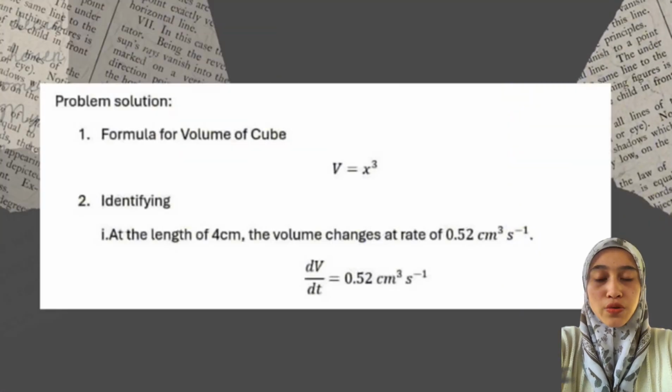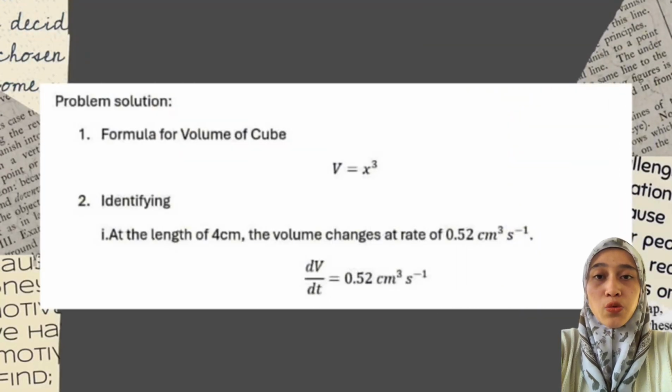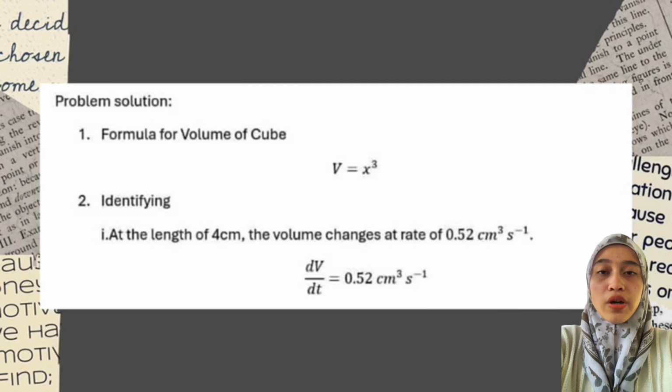For our problem solution, first thing first, we need to know the formula for volume of cube. The formula of volume of cube is V equals x cubed. After knowing the formula, we need to identify from the question. From the question, it said, at the length of 4 cm, the volume changes at rate of 0.52 cm³ s⁻¹.